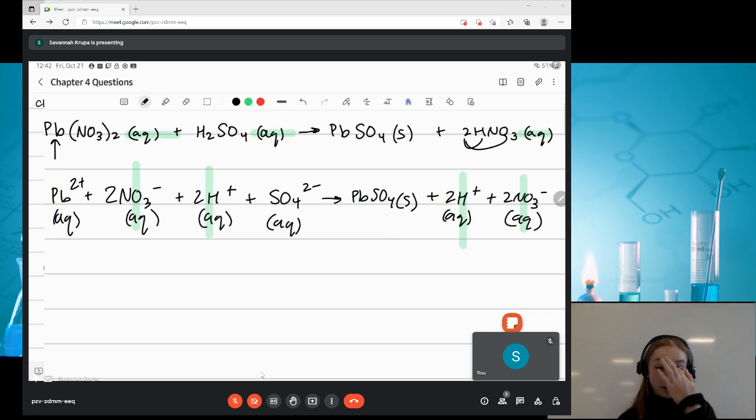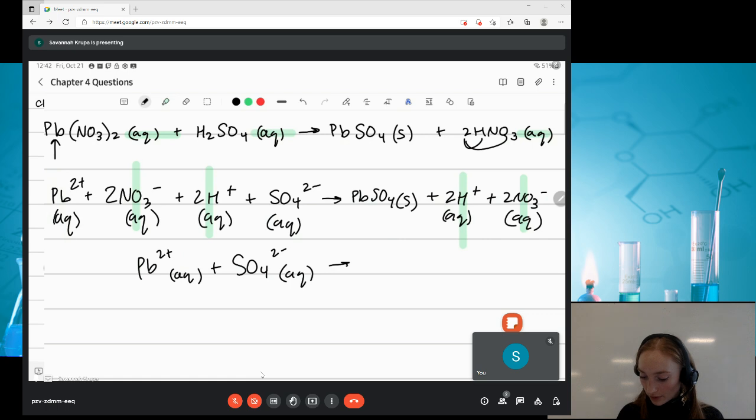So for the net ionic equation here, we will have Pb 2+, the lead ion, plus sulfate 2-, and then that will go to the PbSO4, lead sulfate.